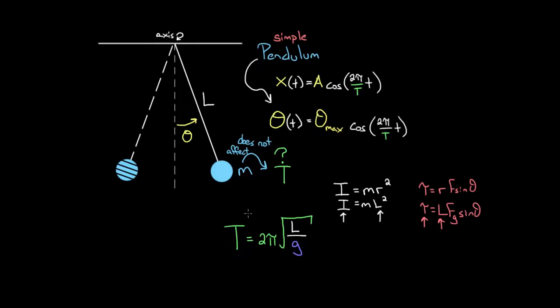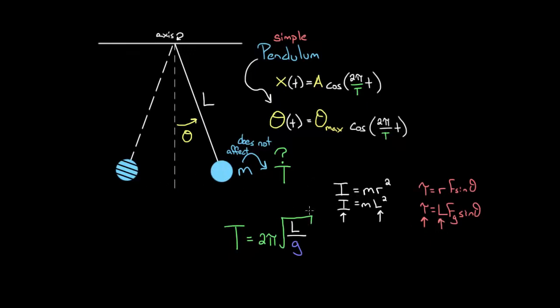So if you double the length, you've quadrupled how difficult it is to move this mass around, but you've only doubled the ability of this torque to move it around. That means it's going to take longer to go through a whole cycle, and that period is going to increase. This larger torque is not going to compensate for the fact that this mass is harder to move. There's more inertia to the rotation of this mass.